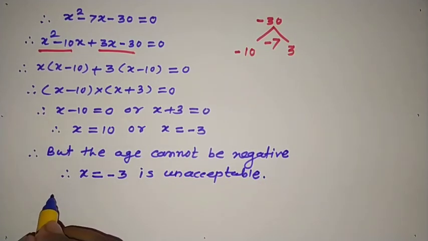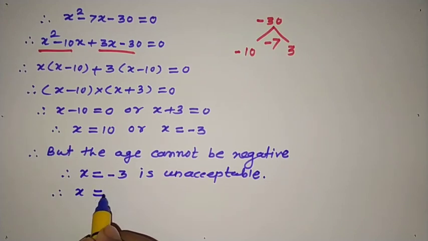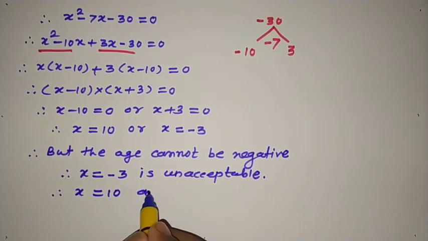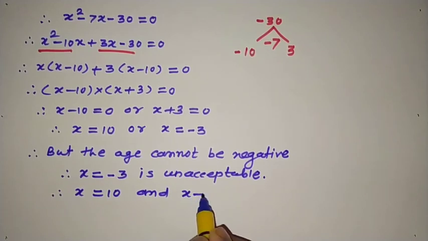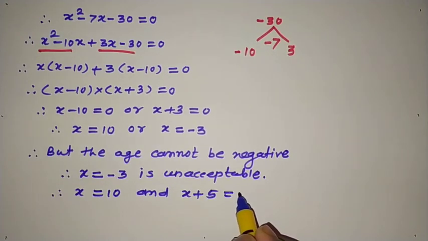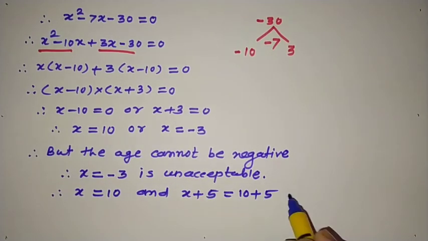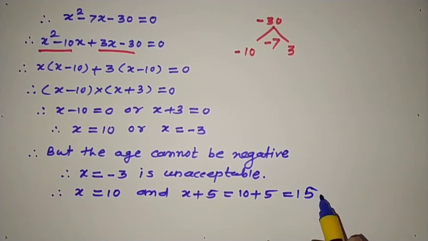Therefore x is equal to 10 and x plus 5 is equal to 10 plus 5 is equal to 15.